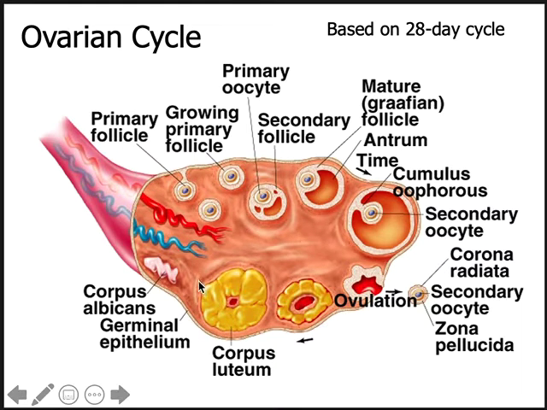And then after a certain amount of time, if no pregnancy, you'll get the corpus albicans, which is white, and then it will break down further and be gone. But when you have the corpus albicans, it's no longer doing any function. There are no hormones. Okay, and that's the whole cycle. So let's look at those steps.